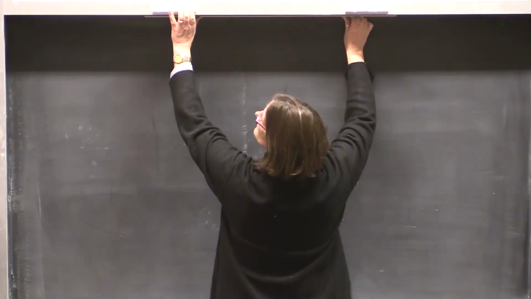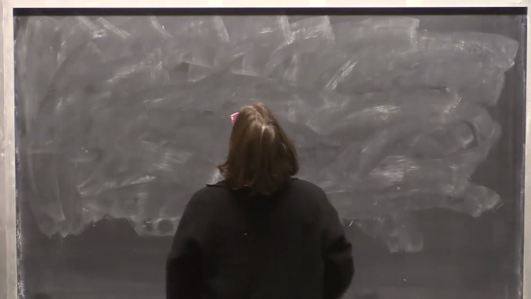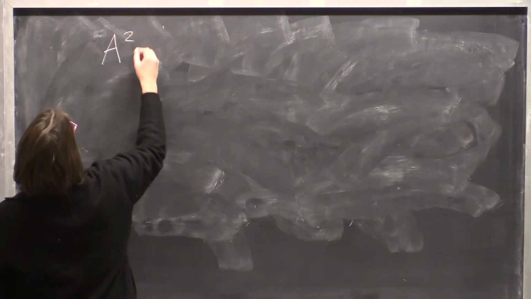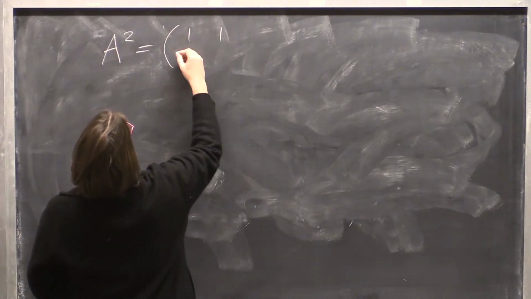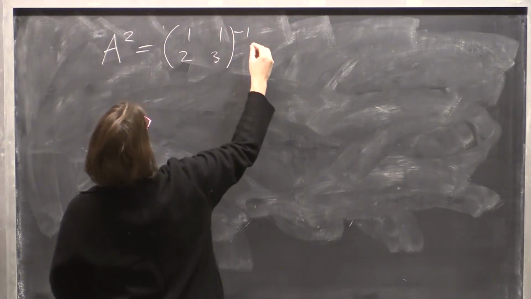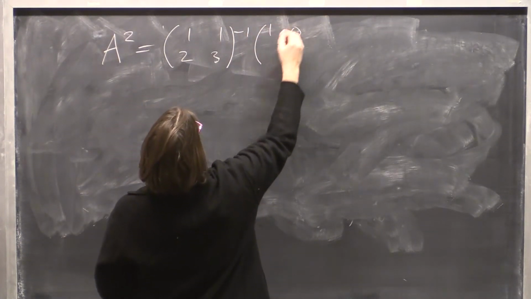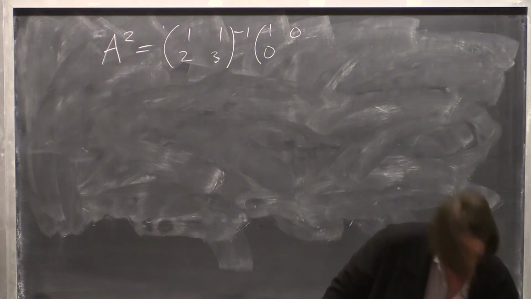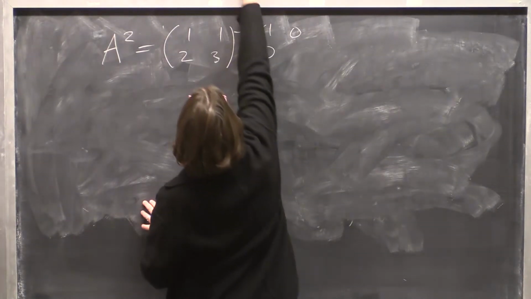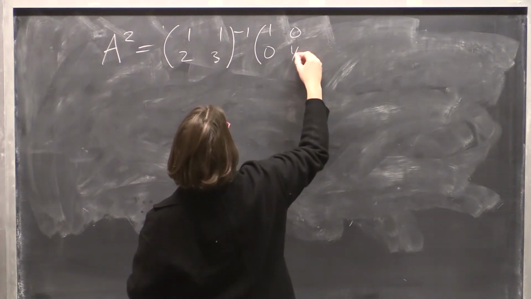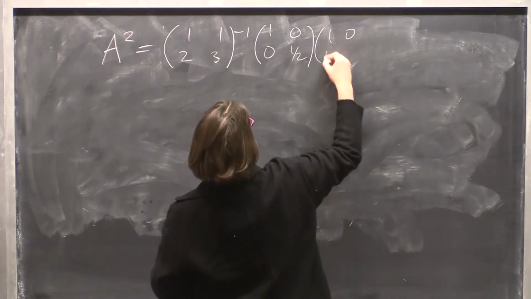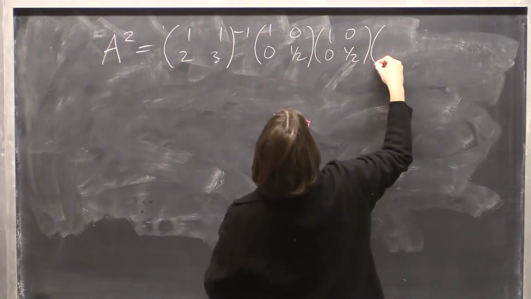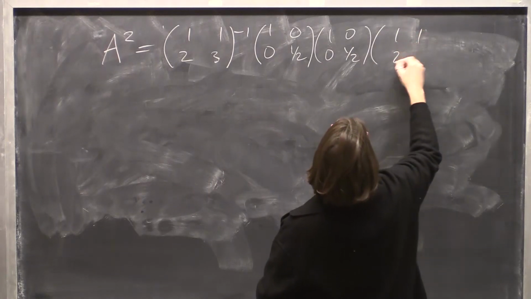So I have that A squared is the inverse of (1, 1, 2, 3) times (1, 0, 0, 1/2), times (1, 0, 0, 1/2) times (1, 1, 2, 3).